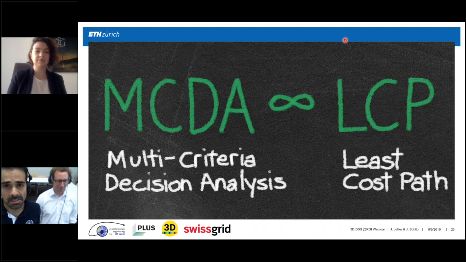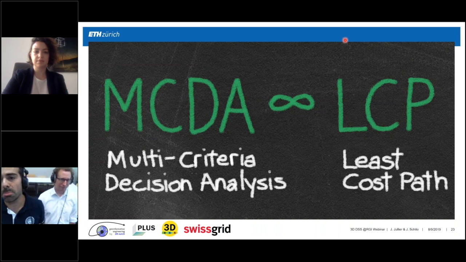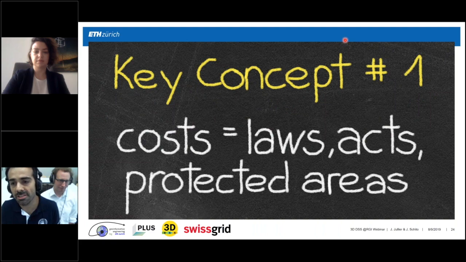And we combine this together with an approach called least cost path analysis. The concept behind it is that first you have to consider laws, acts, and protected areas, which are protected by law, and you give them some costs.